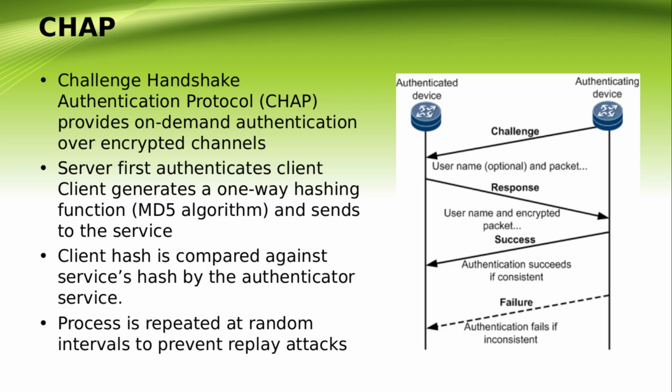CHAP is an improvement over PAP because it hashes the password, but it still sends the username in clear text. CHAP functions over Point-to-Point Protocol connections. PPP is a protocol for communicating between two points using a serial interface, providing service at the second layer of the OSI model, the data link layer.